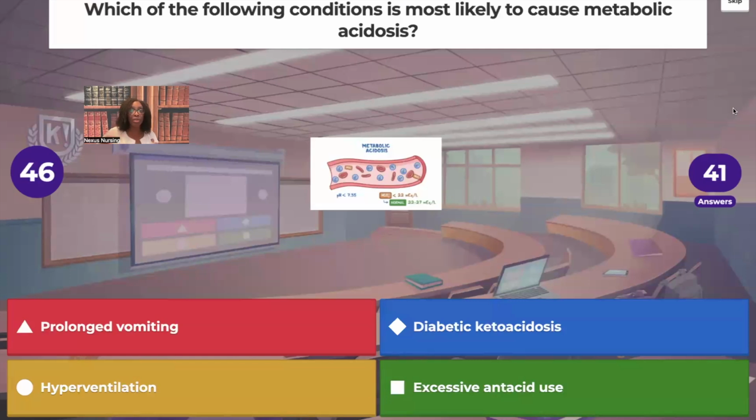Again, which of the following conditions is most likely to cause metabolic acidosis? Even if you don't know the answer, you should make an educated guess by looking at your options.